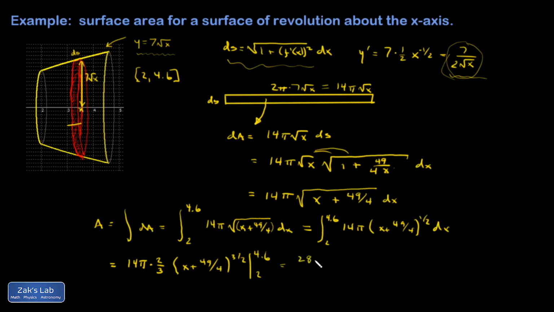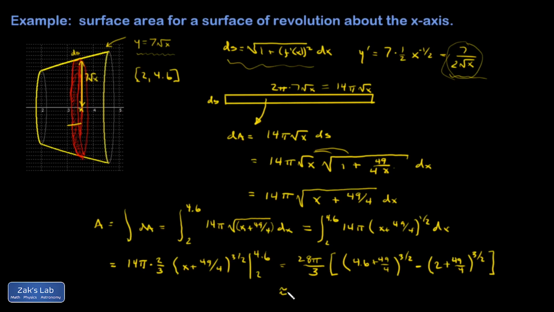I have 28 pi over 3 times 4.6 plus 49/4 to the 3 halves minus 2 plus 49/4 to the 3 halves. And now it's time to just plug that into a calculator.